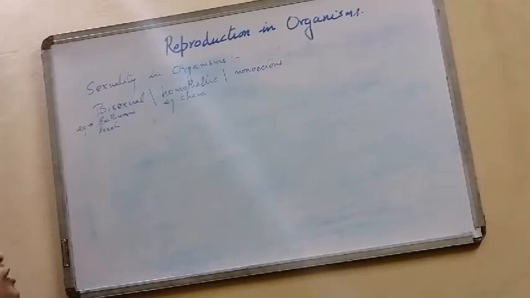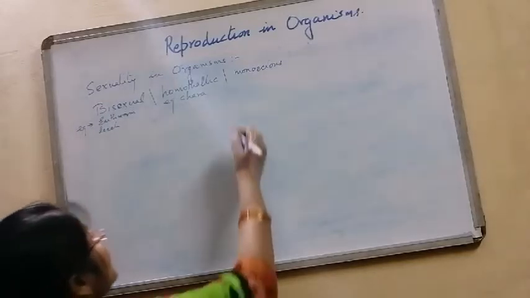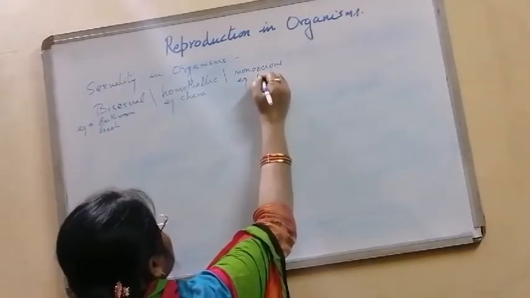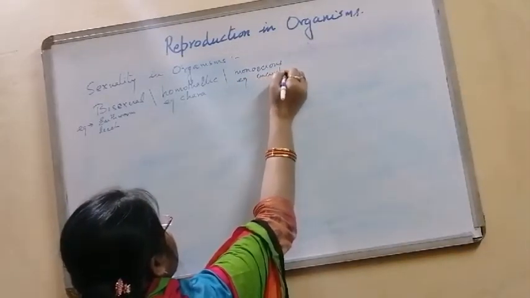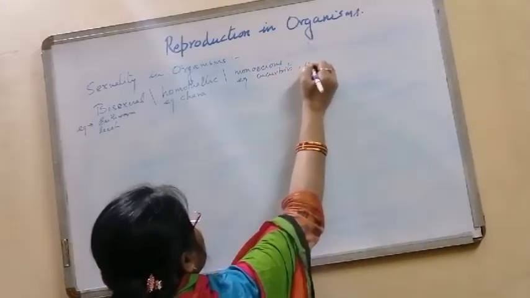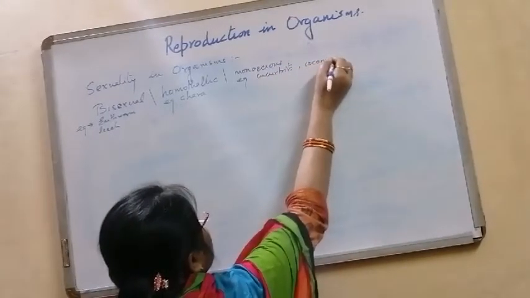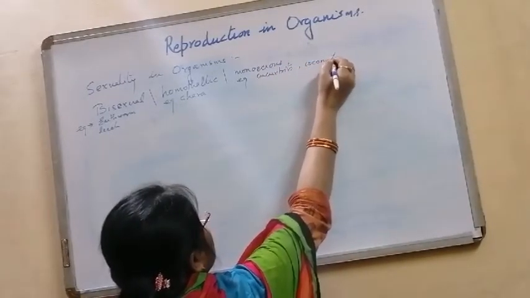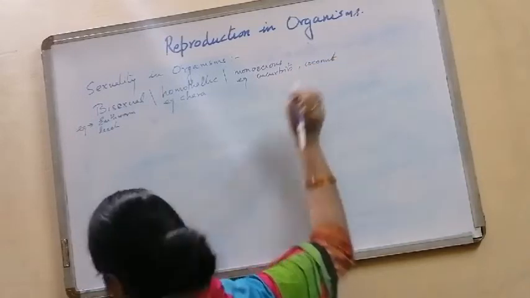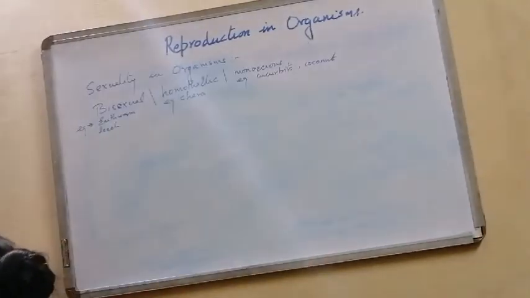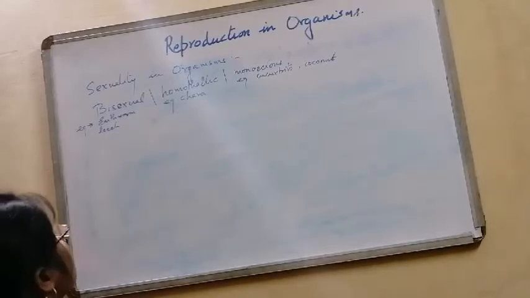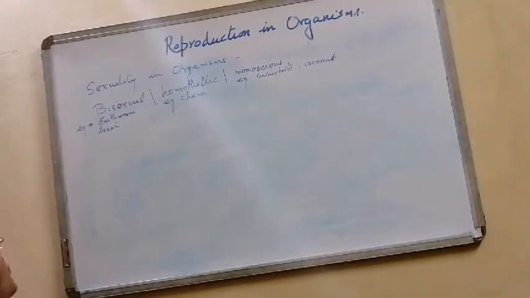So they are called monoecious, isn't it? One of the best examples is your cucurbits, coconut. And now I hope these terms are clear to you.